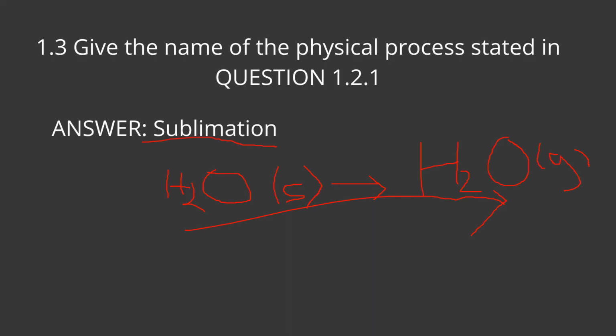When it moves from a liquid to a gas, that is evaporation, right? When it moves from a solid to a gas, we call that sublimation. So just revisit your term 1 work and you'll find all of this.